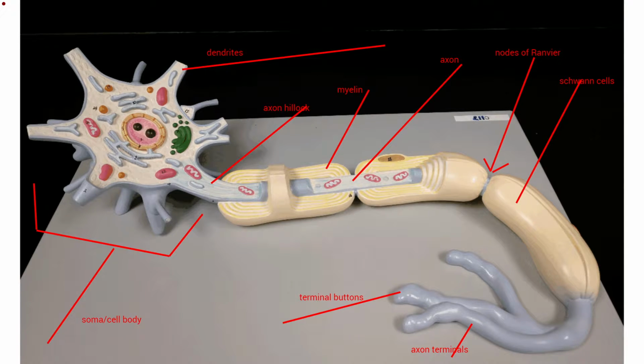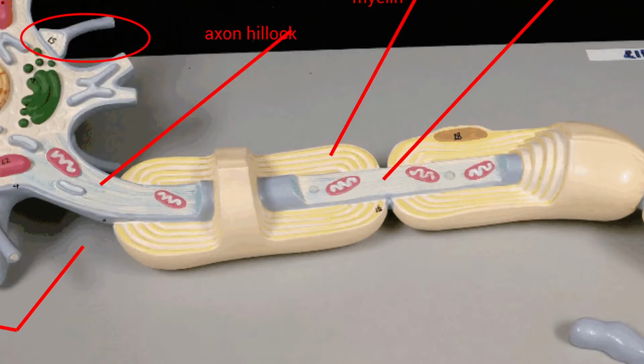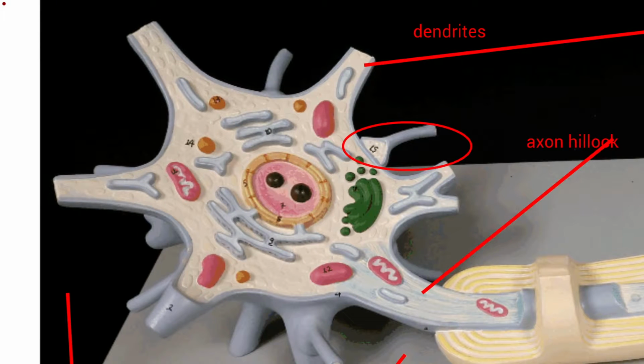Now, the other thing that I have not identified on this model is this. And I want to just zoom in on that for a second. This is where an axon terminal from another neuron is touching the cell body of this neuron.